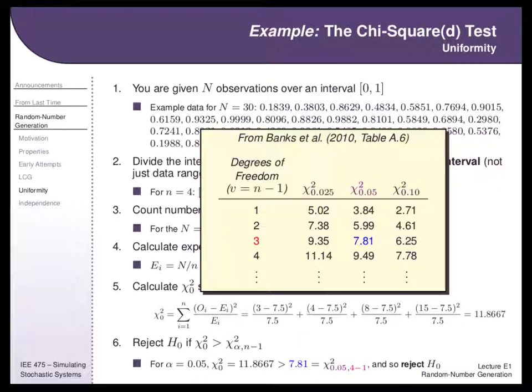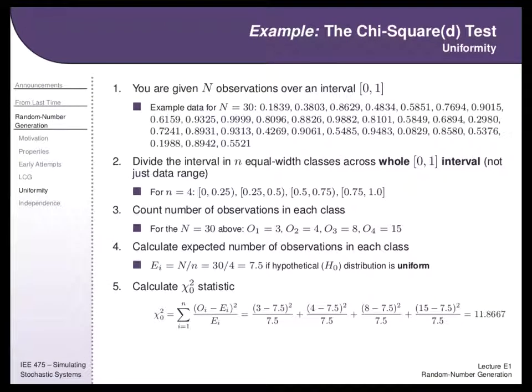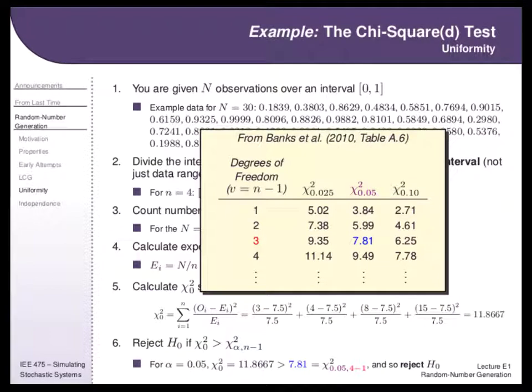So this deviates far more than our expected counts, so we reject uniformity. And that, I think, should make sense if we look at it. 15 of these fell in this interval from 0.75 to 1, and 8 from 0.5 to 0.75, and hardly any in these. So it really doesn't look very uniform, and that's exactly what the test ends up saying.